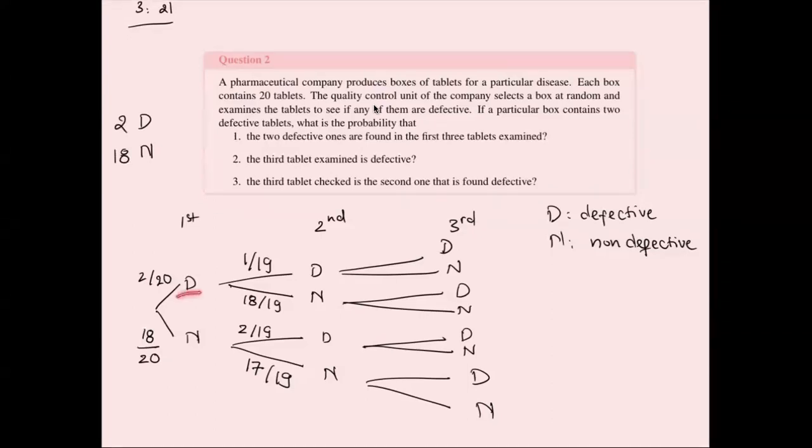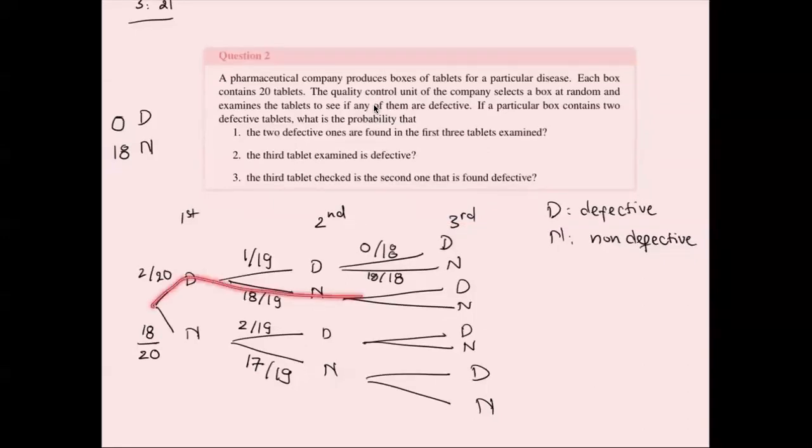If the first one is defective and the second one is defective, then now we would have 0 defective left. Then the probability that the third one is defective is 0 divided by 0 plus 18. And the probability of non-defective is 18 over 18.